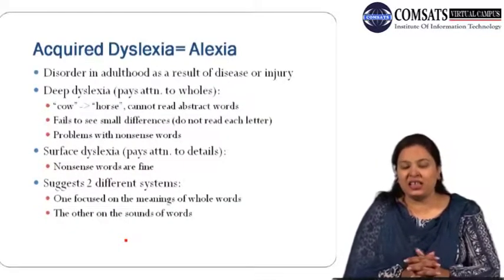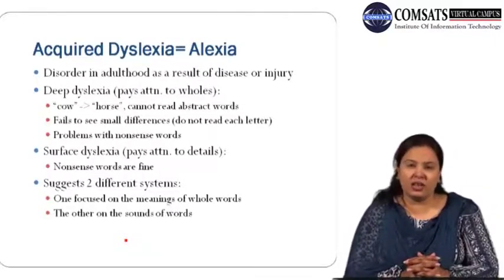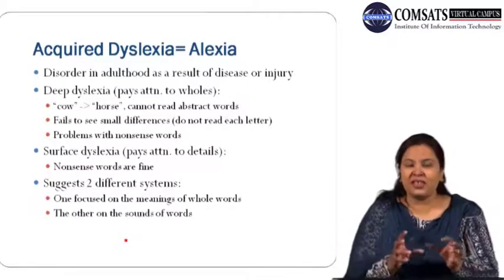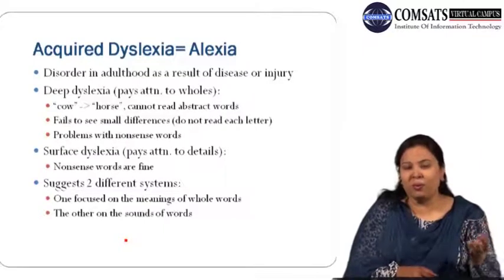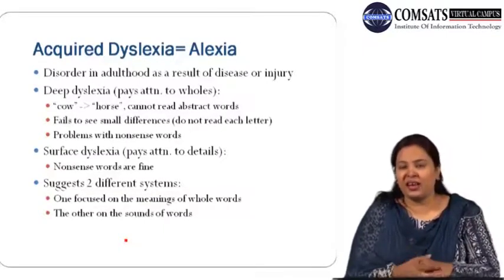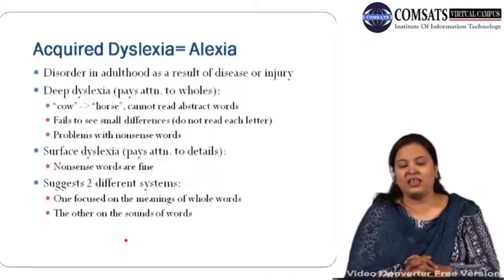Acquired dyslexia or alexia is a disorder in adulthood as a result of disease or injury. In some cases dyslexia is natural, but in some cases people acquire it at a certain age, when they grow up, because of disease or injury to the brain, and when they acquire dyslexia, it is known as alexia.